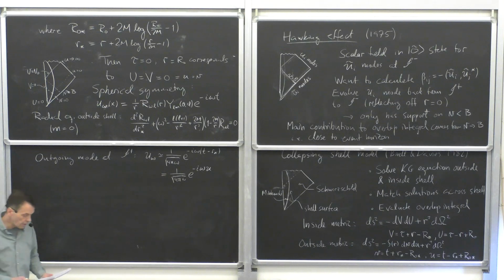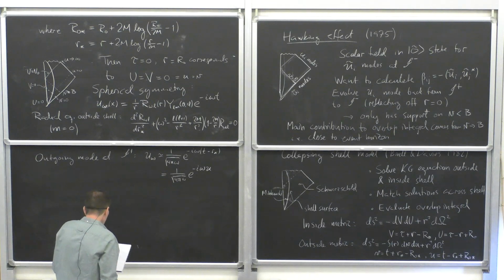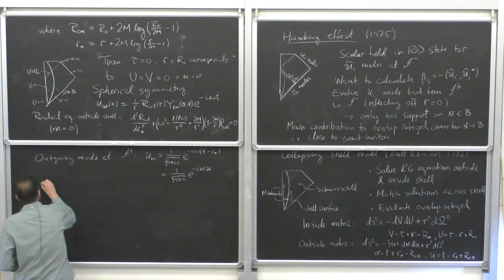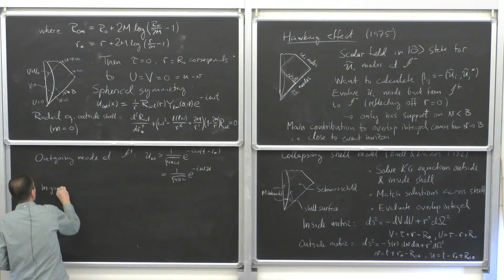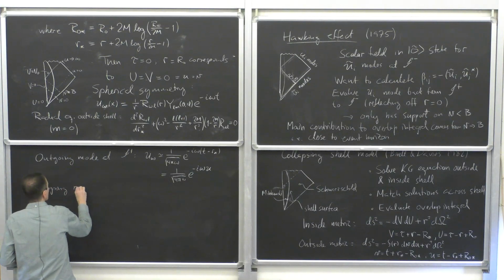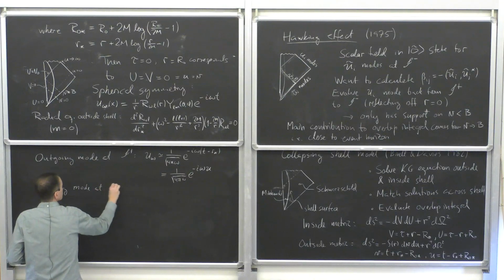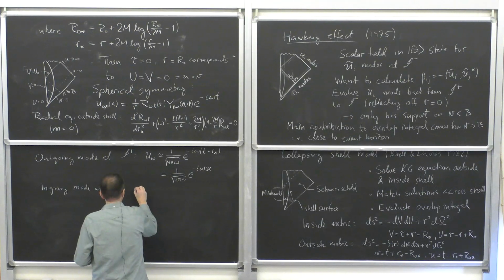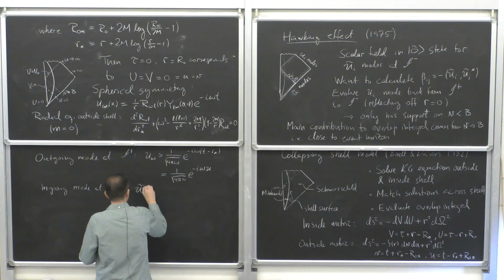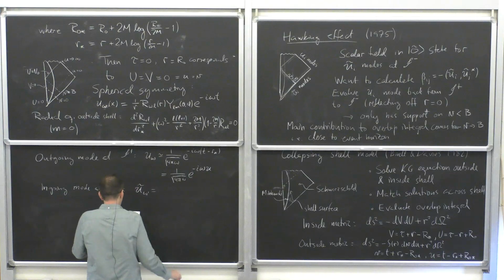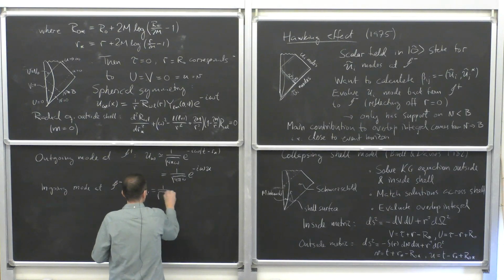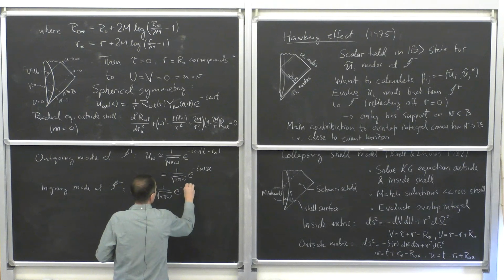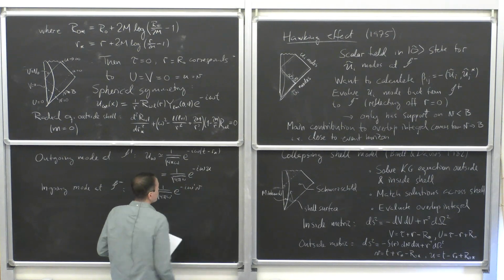Okay, now if you want an ingoing mode, similarly at Scri minus, that's clearly going to be something that we will call u twiddle omega prime, which is going to be a function of v, right?